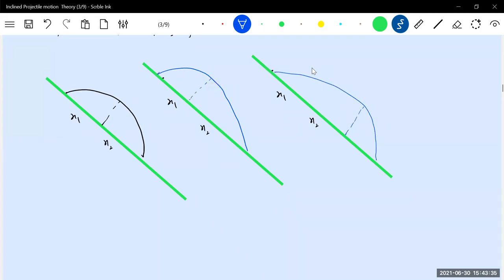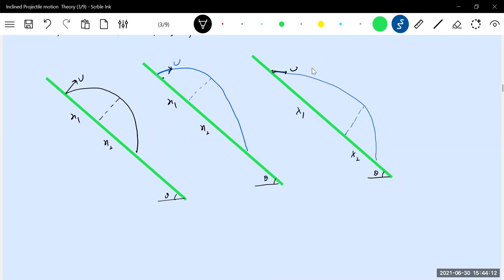When you throw an object like this, either way, this is the angle of inclination theta. In all the cases, saying x1 equal to x2 is not possible. It should not happen here. x2 should be greater. This is x2, this is x1. I think this is wrong.